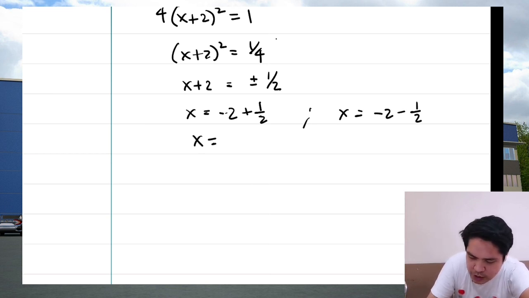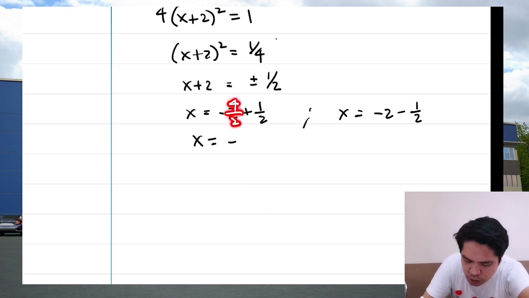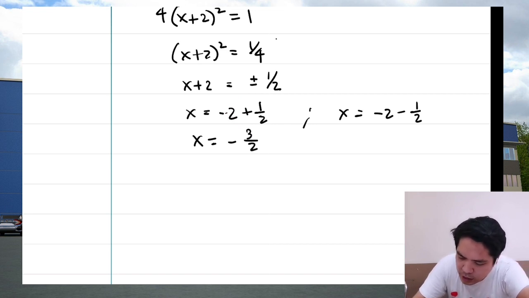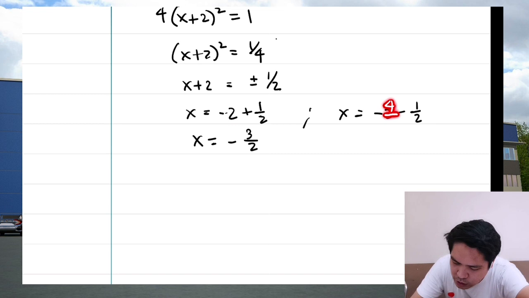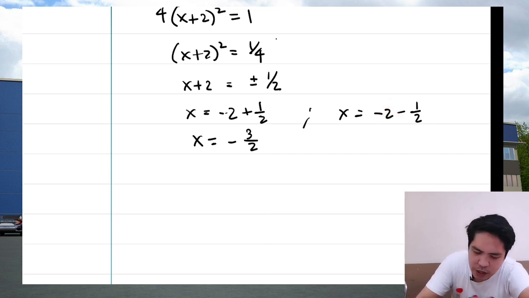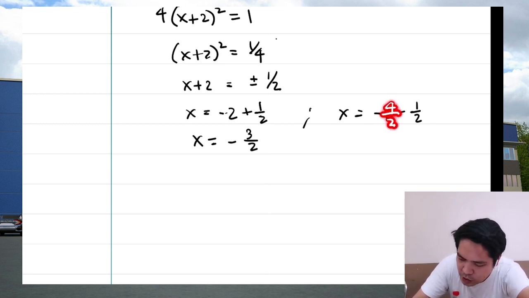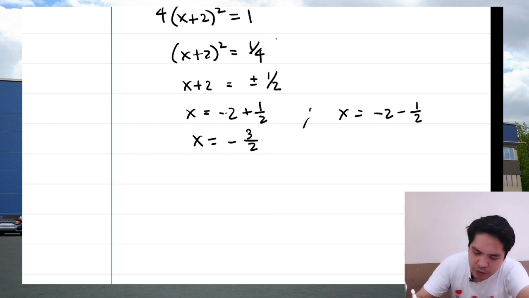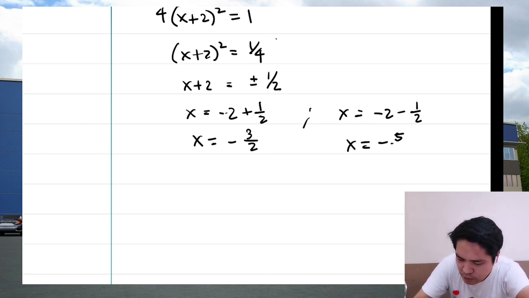So therefore x is equal to negative 3 halves, and x is equal to negative 4 over 2, negative 5 halves. So we'll have x equal to negative 5 halves.